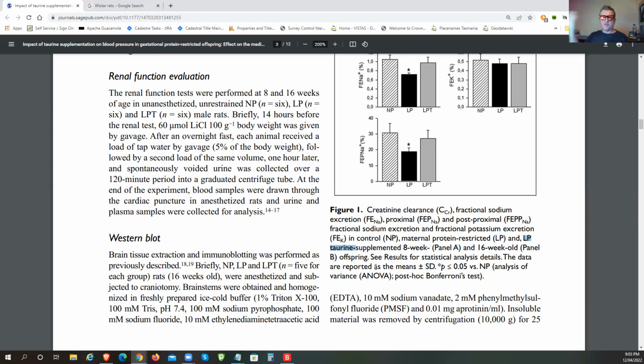Obviously we need a control, one that is not affected, and then 2 other groups that are protein restricted up to 12 days, which is the equivalent of a child being 14 months, and then intervening at that 14-month period, intervening for 5.5 years.